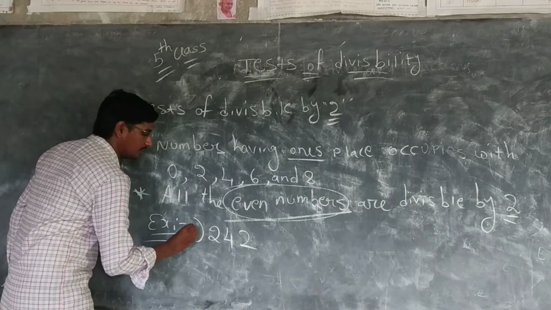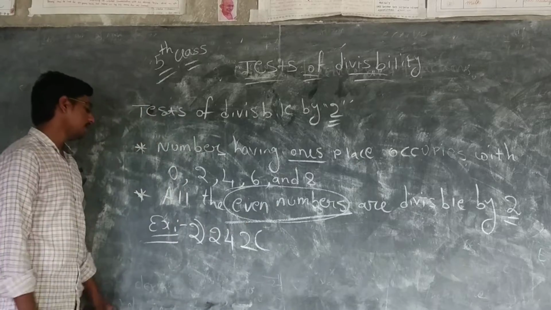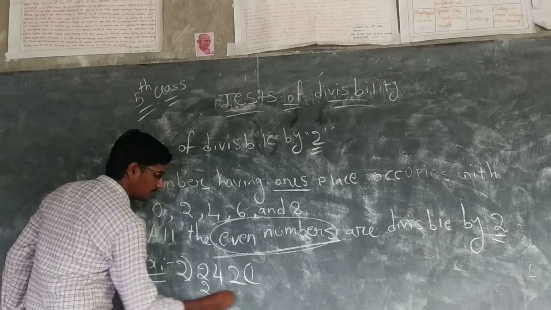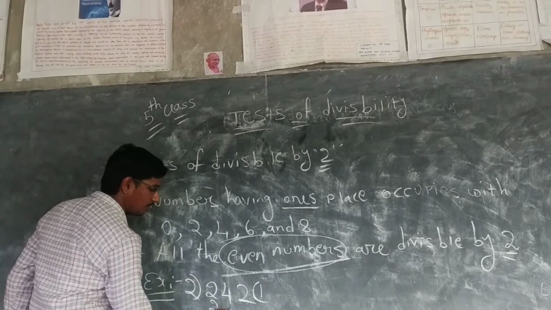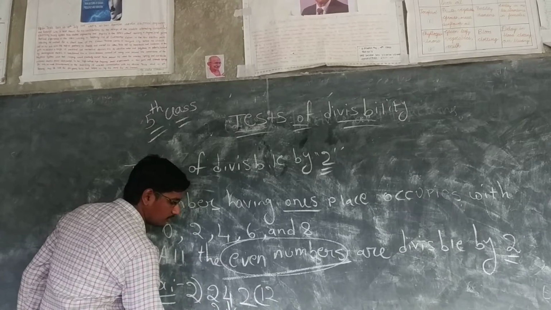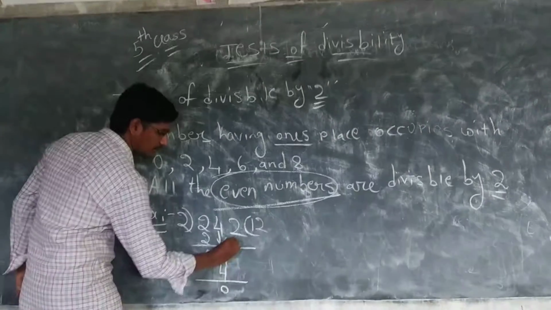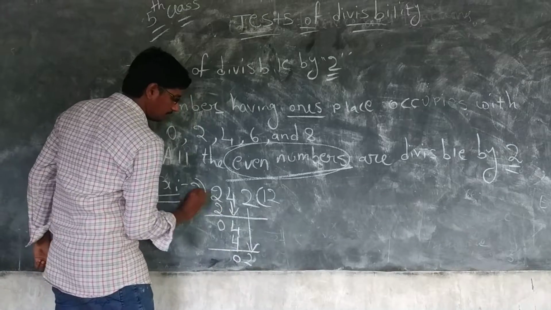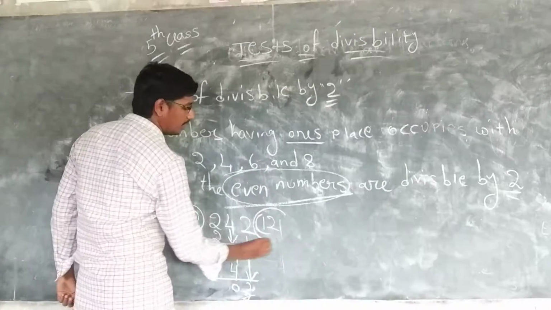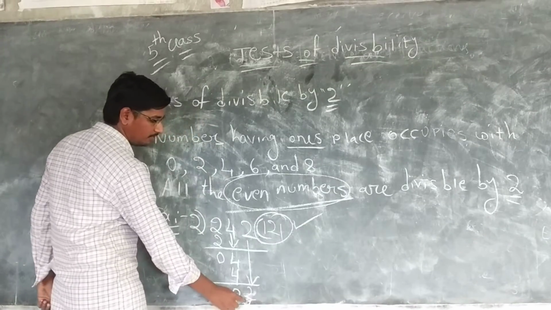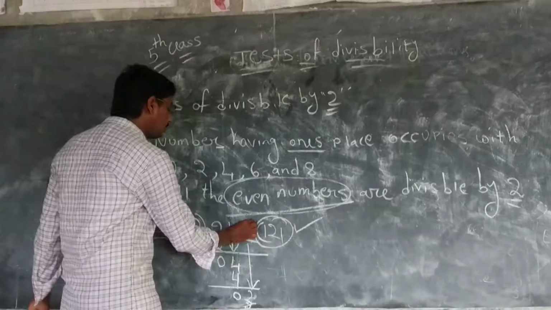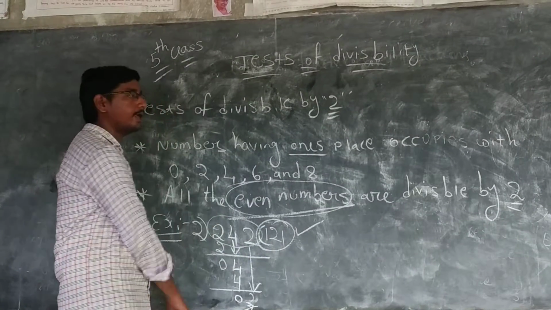Let us divide with the divisor 2. 2 ones are 2, 2 minus 2 is 0. Next, 4: 2 twos are 4, 4 minus 4 is 0. Last one, 2: 2 ones are 2. Students, here the quotient was 121 and the remainder was 0. So 242 is an even number.